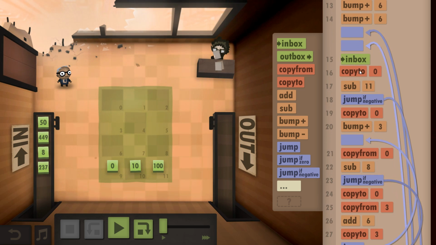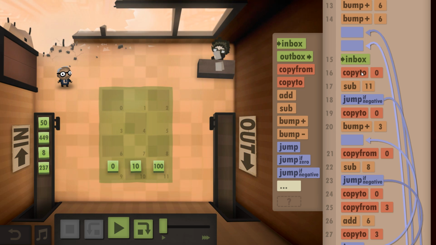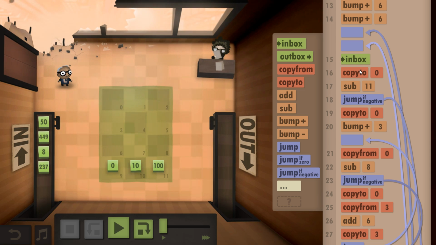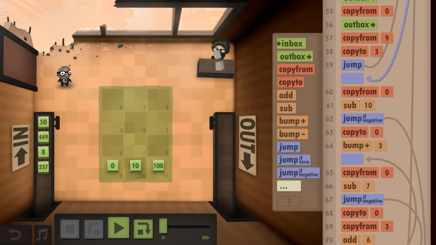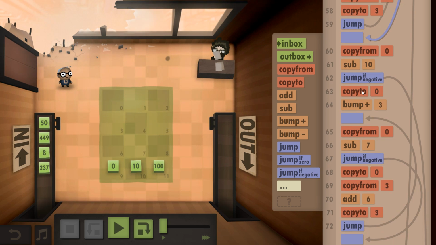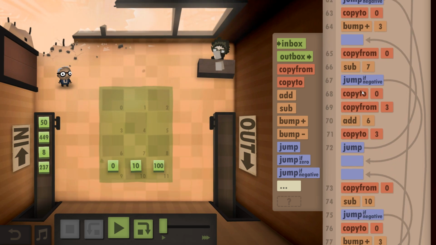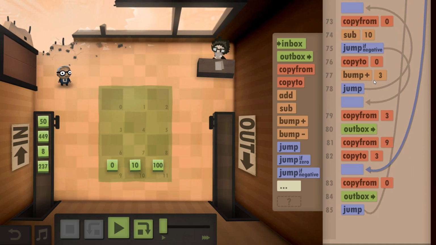I inbox, I save. What if I don't save it here? I subtract 11. If it's negative, I go right here. If it's negative, I go right here.